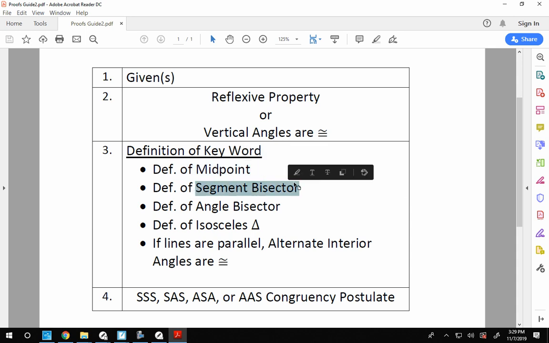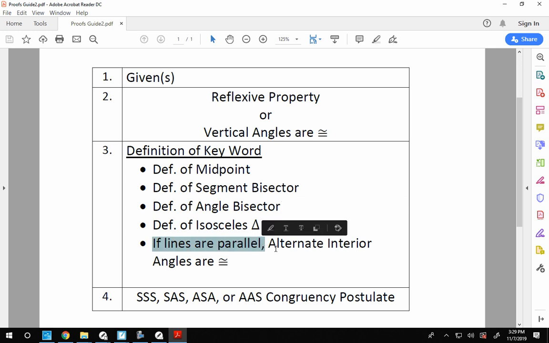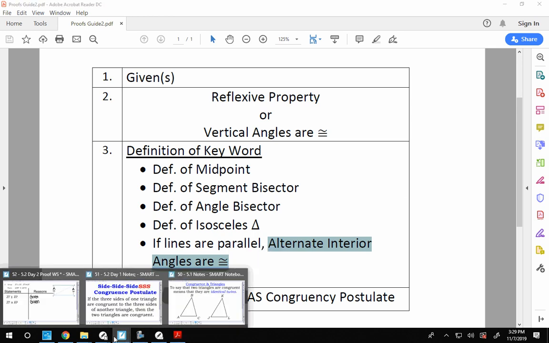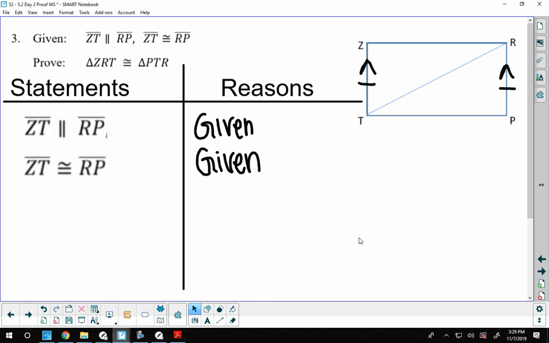If you're given a segment bisector, you're going to know something by the definition of the segment bisector, etc. So if lines are parallel, which we have in this example, then we know alternate interior angles are congruent. We know some other things too, but in this class we're going to be dealing with a lot of alternate interior angles.